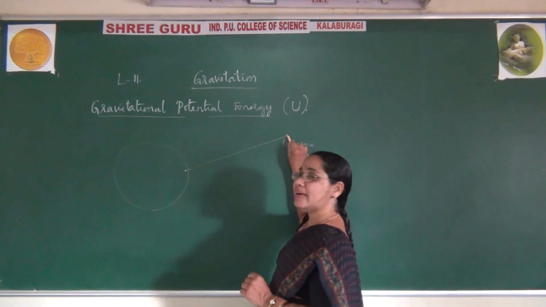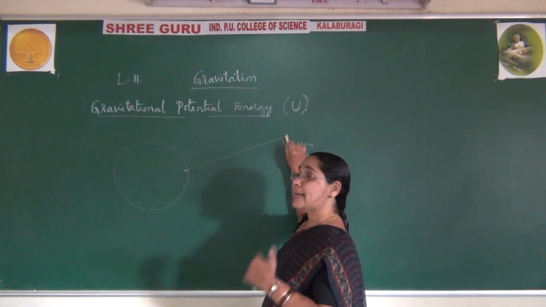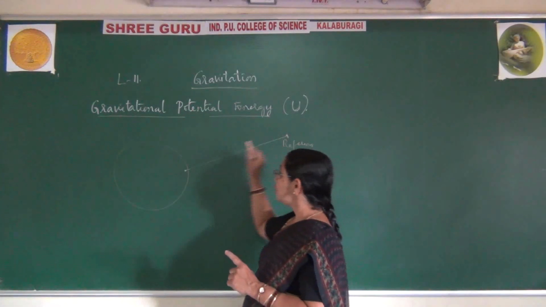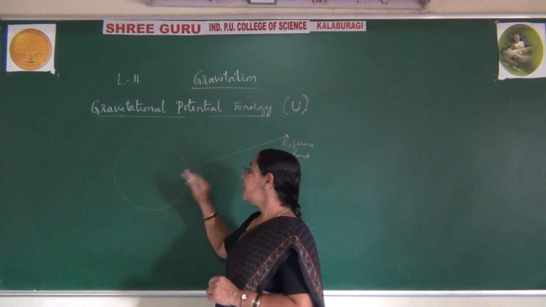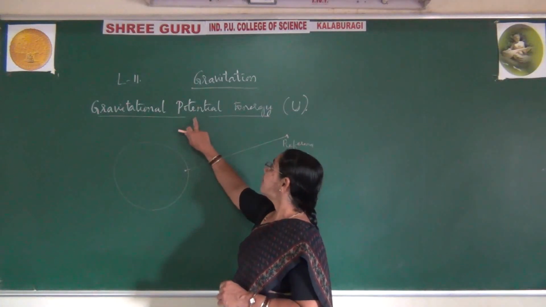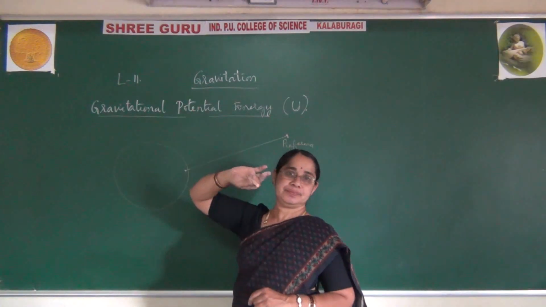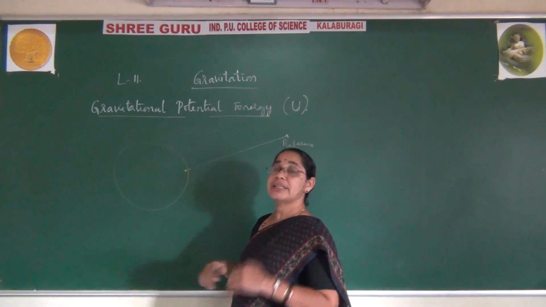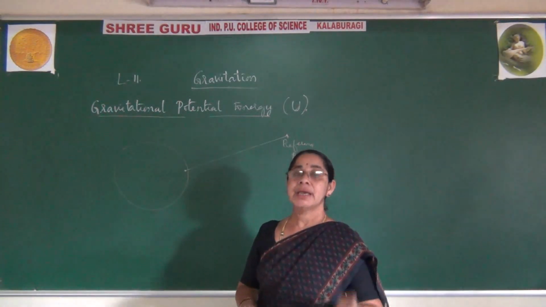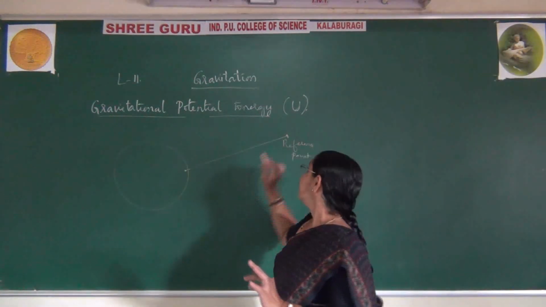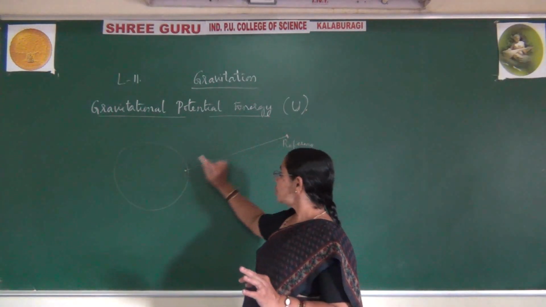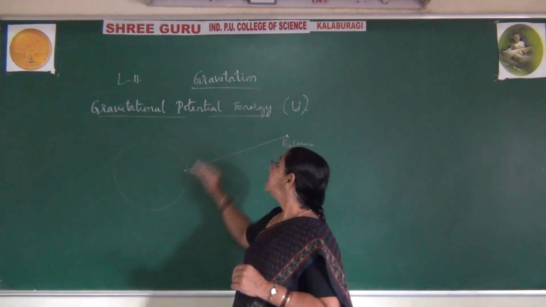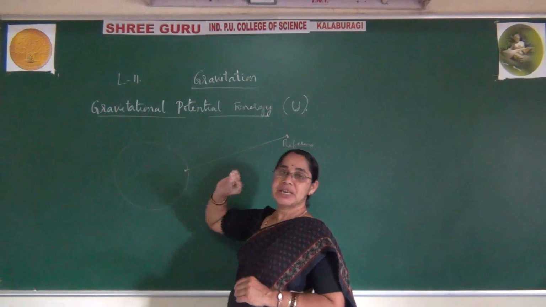Therefore, the work done in bringing an object from one reference point to the gravitational field is called gravitational potential energy. The amount of work done in bringing an object from the reference point to inside the field is called gravitational potential energy.